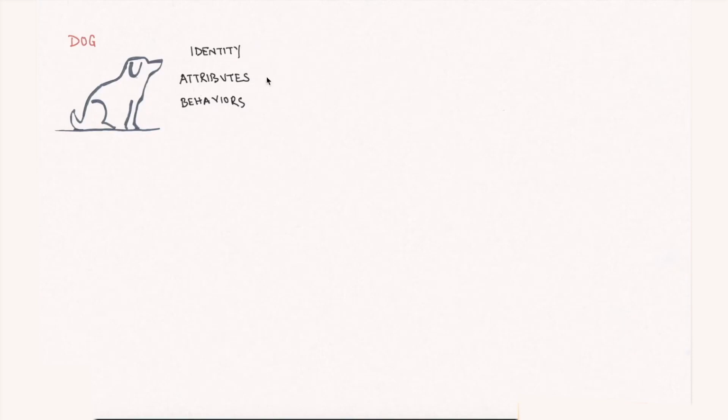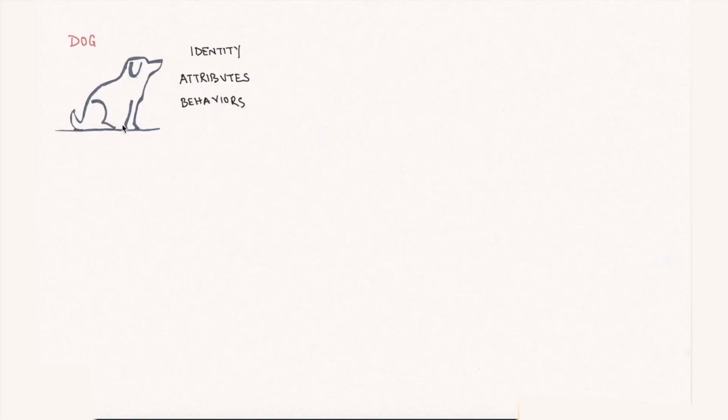We can think of its attributes, some things that it can have. For example, a dog might have color, age, breed, size, and things like that. And an object can have behaviors, things that that object can do.